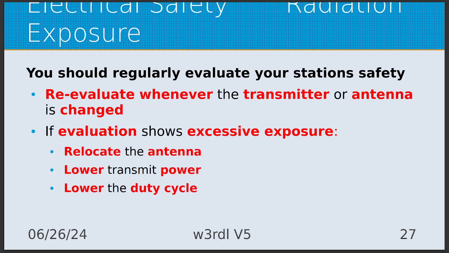Since most people's antenna is probably locked down to a certain location due to available space, lowering your transmit power or lowering your duty cycle is probably where you get the most bang for your buck as far as getting underneath the limits. But like I said, it's not likely that you're going to go over the limit with a 100-watt radio. I mean, if you buy a power amp, then maybe you'll have something to consider.